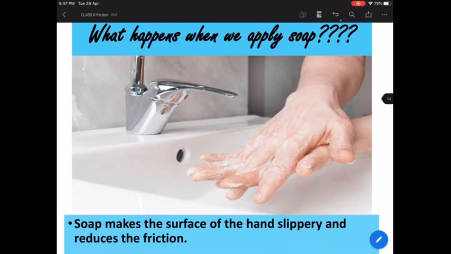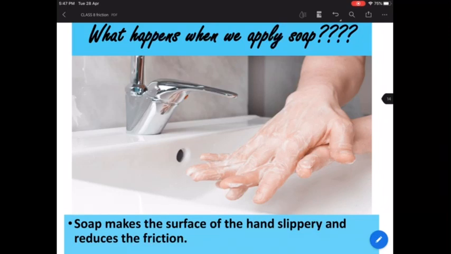What happens when we apply soap to our hands? Why is it that we are able to move our hands easily, or our hands actually slip in between each other? It's because when we have soap, it's a soapy surface, right? We have soap in between our hands.